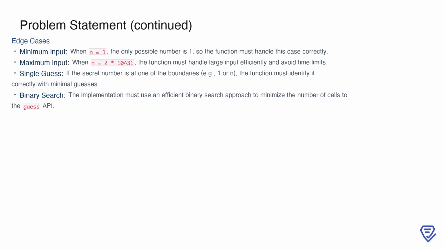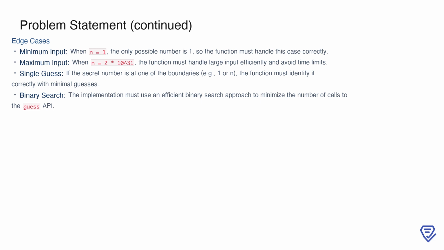There are a few important edge cases to consider when solving this problem. First, when n equals 1, the range contains only one number, so the function must handle this scenario correctly by immediately identifying the number as the secret number. At the other extreme, when n is very large, such as 2 times 10 to the power of 31, the function must be efficient enough to handle the input without exceeding time limits.